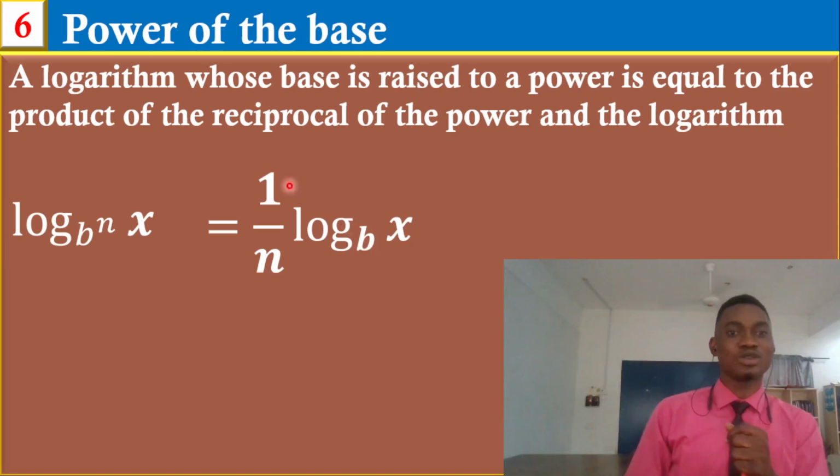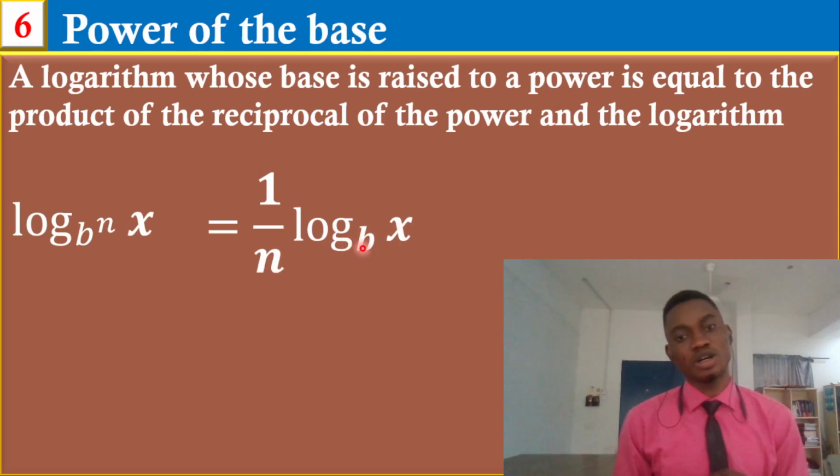Going back to the definition, a logarithm whose base is raised to a power is equal to the product of the reciprocal of the power and the logarithm. The reciprocal of the power, which is n here, is 1 over n. Then we have log x base b.